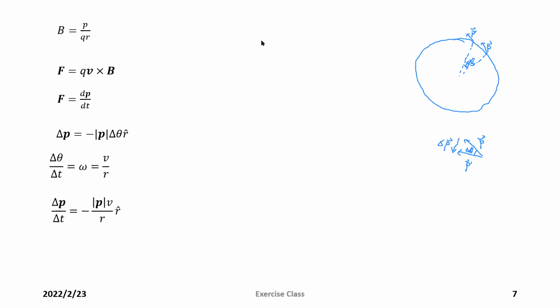If we let delta p and delta t go to 0, it becomes dp/dt, and dp/dt is just the force, so it's just qvB. So the magnitude qvB will equal pv over r, and canceling the speed v, we get back B equals p over qr.